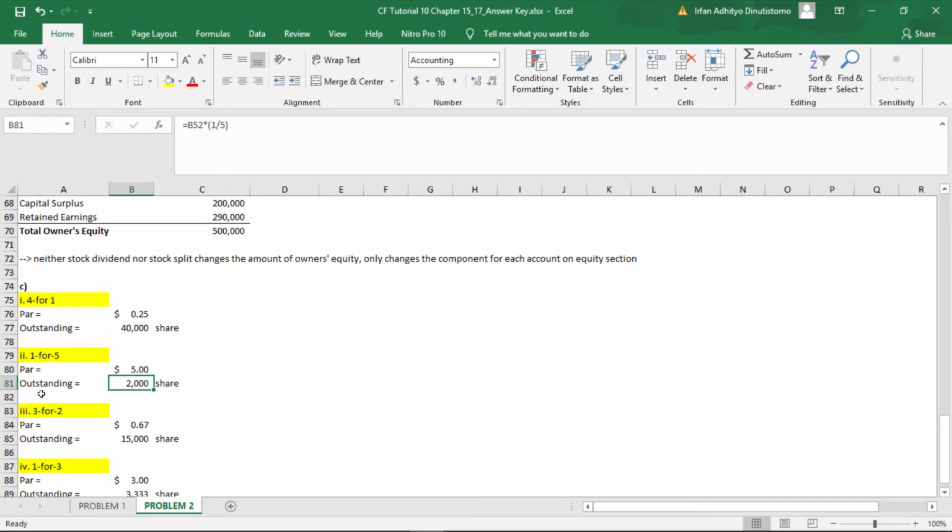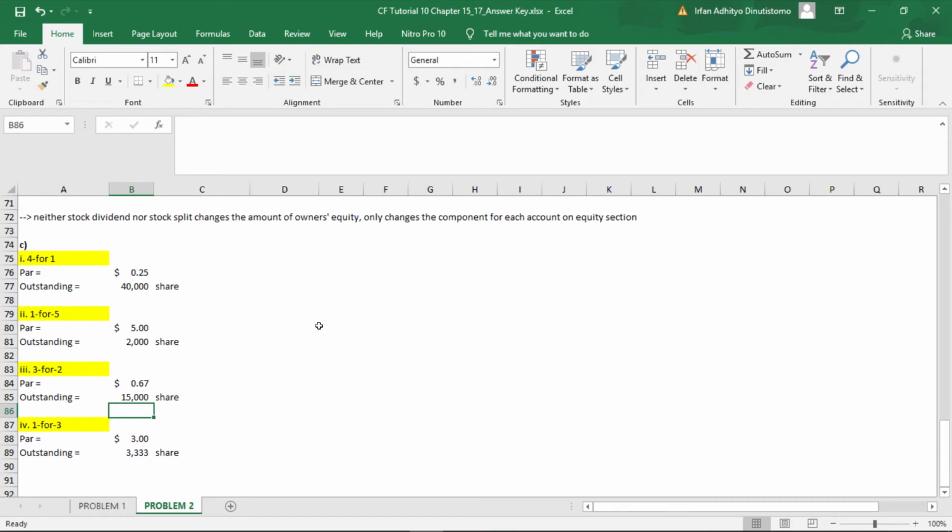And the third scenario is the 3-for-2. In this regard, we need to calculate the par. 3-for-2 is 1.5. We need to divide the earlier par by 1.5, and the outstanding shares will increase. We need to multiply the outstanding shares by 1.5, amounting to 50,000 shares.